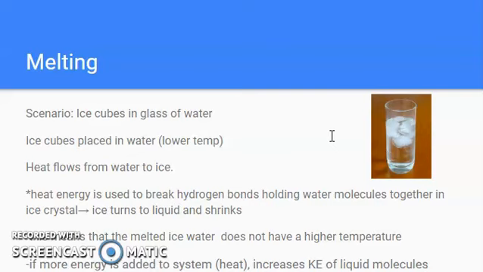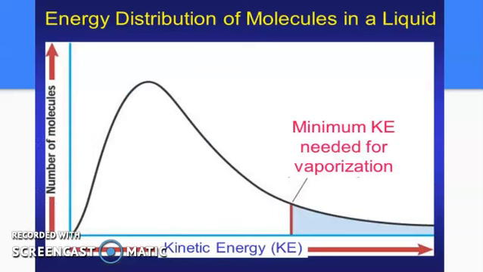So the ice starts shrinking, as you might have seen in a glass of ice water, until there is no ice left. This means that the melted ice water does not have a higher temperature, as stated before, and if more energy is added to the system in the form of heat, it increases the kinetic energy of the liquid molecules and the temperature will start to rise.